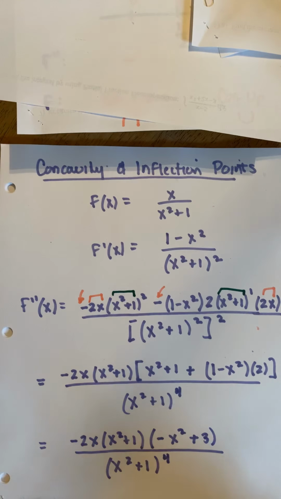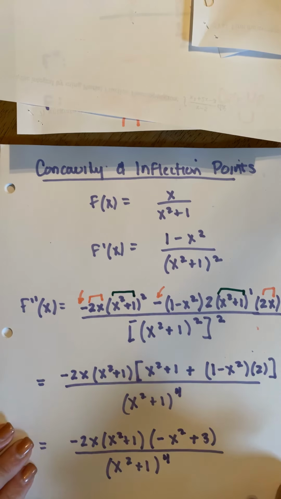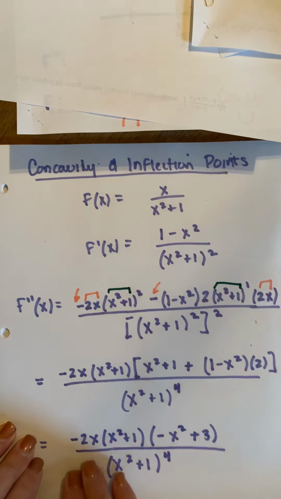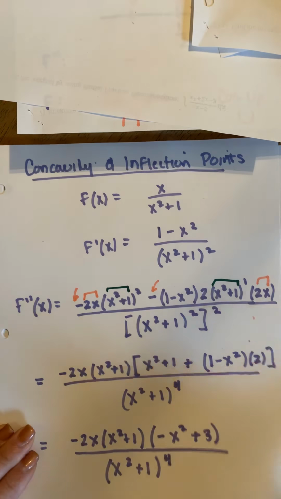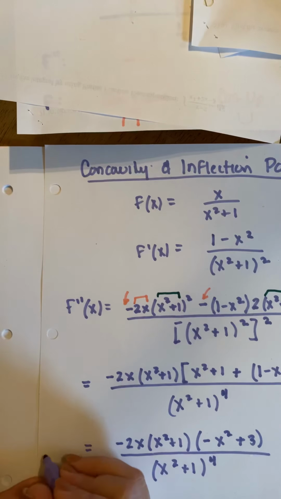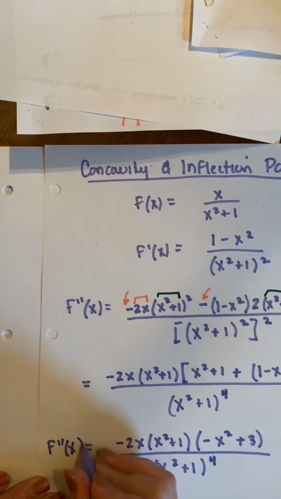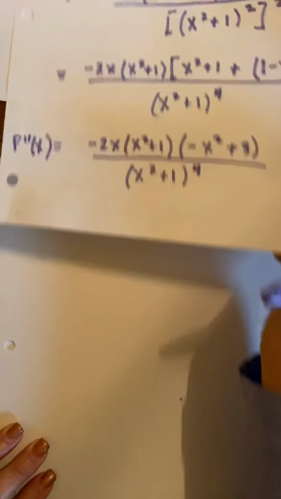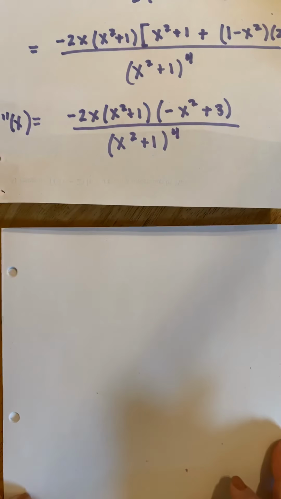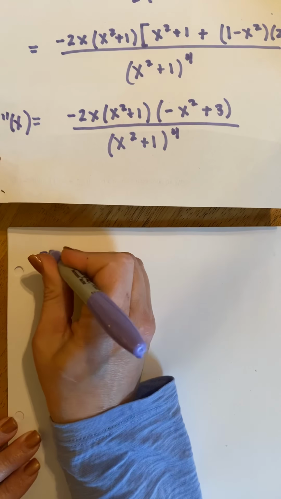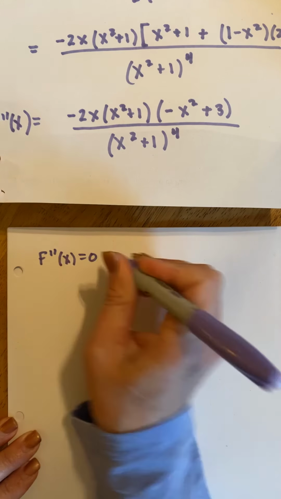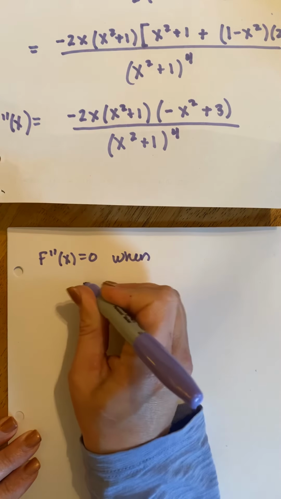The second derivative, where the second derivative is either 0 or undefined, gives us our potential inflection points. So we're going to now look at the second derivative. And again, it's a fraction. So the second derivative is equal to 0 when the numerator equals 0.